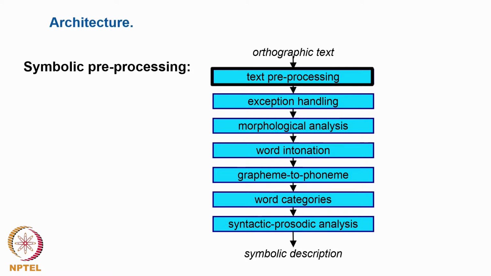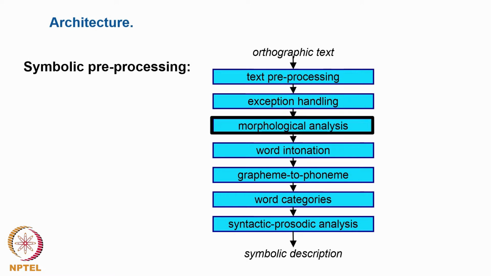For example, the time when the email has been sent, then some abbreviations which have to be resolved, and so on. All this non-orthographic text has to be translated into orthographic text in order for the speech synthesizer to pronounce it. We might also have to deal with some exceptions, for example, foreign words which have to be pronounced in a different way according to different rules than the normal standard language.